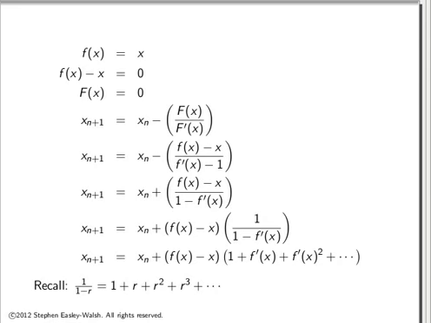I was being a little bit careless there. Those should be x n, of course, not x. It's not really a big deal, but I'll just put the n's in, okay?